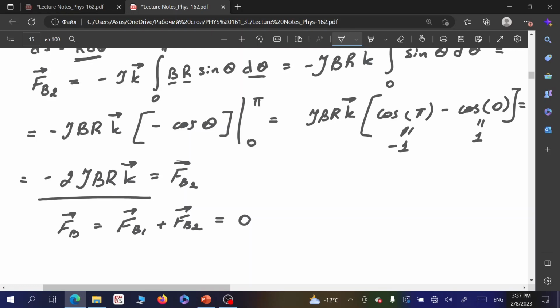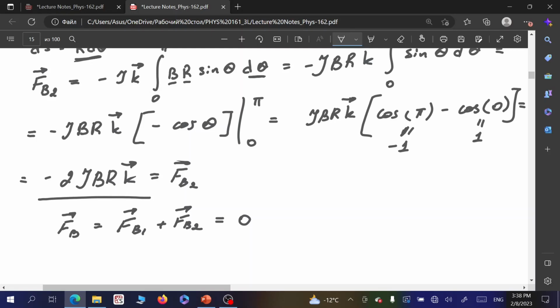So that is the feature of interaction between closed loop current and magnetic field, which is extremely widely used in our technology, starting from generating electricity in electric power generators and finishing with electrical actuators. All electrical engines, their work is based on this principle.